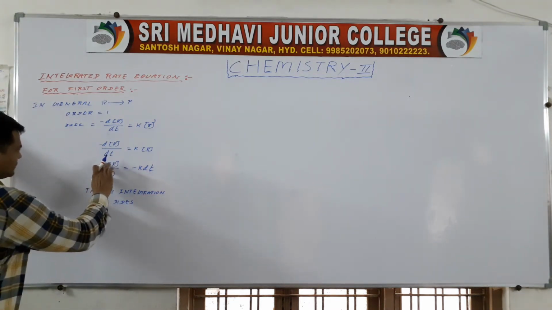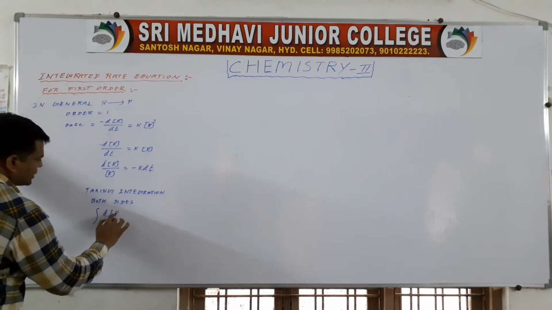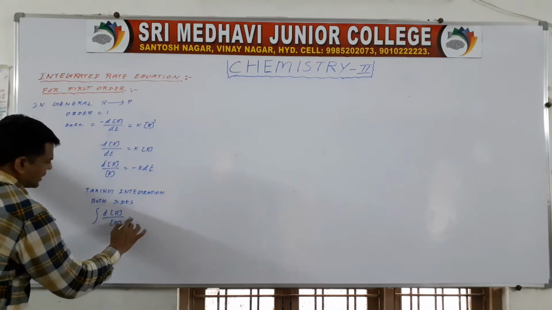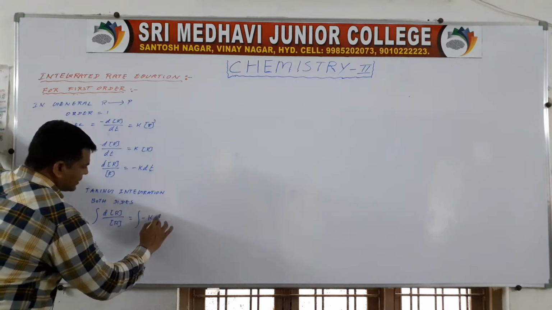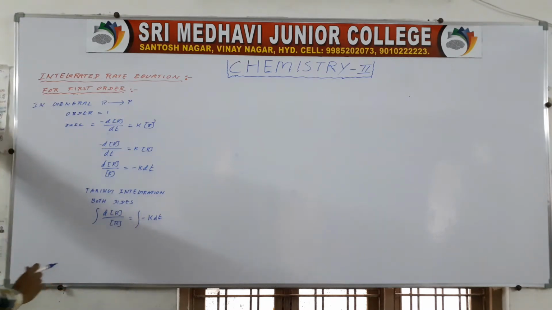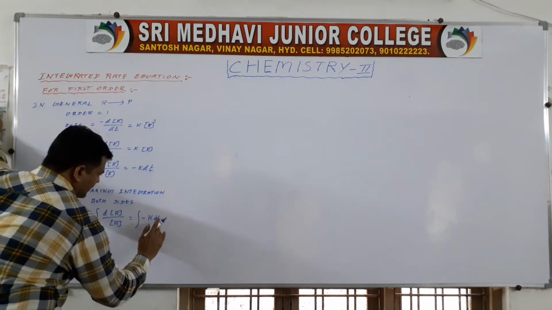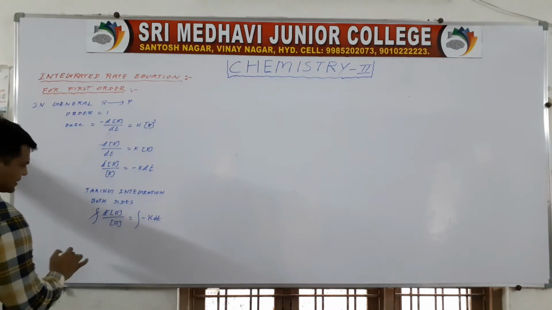Then integration of d[R] by [R] equals integration of minus k dt. Integration and differentiation cancel.